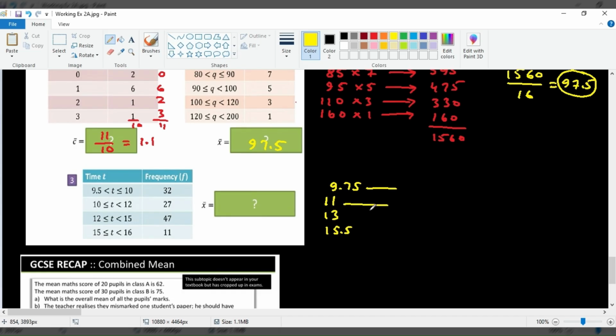So now, since we have all these numbers, we multiply the first one with 32, this one by 27, this one by 47, and this one by 11. So altogether, what you should get is 1414 divided by 117, which should give you 12.1 to three significant figures.